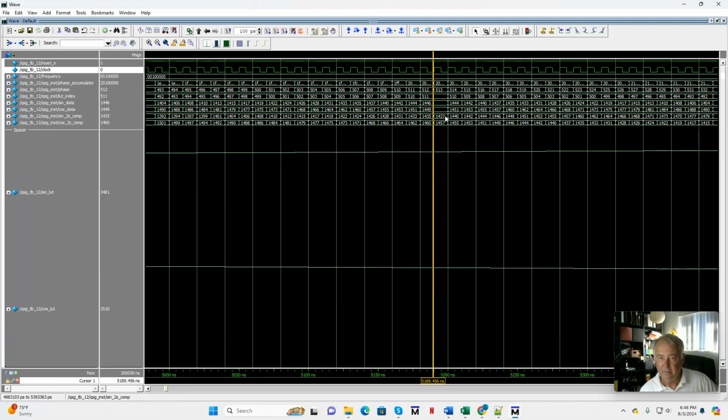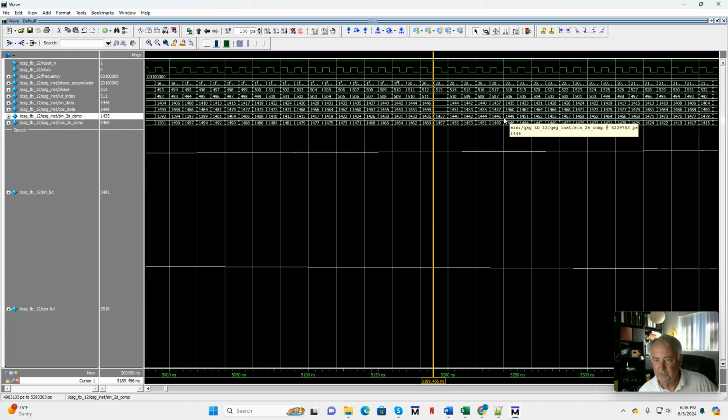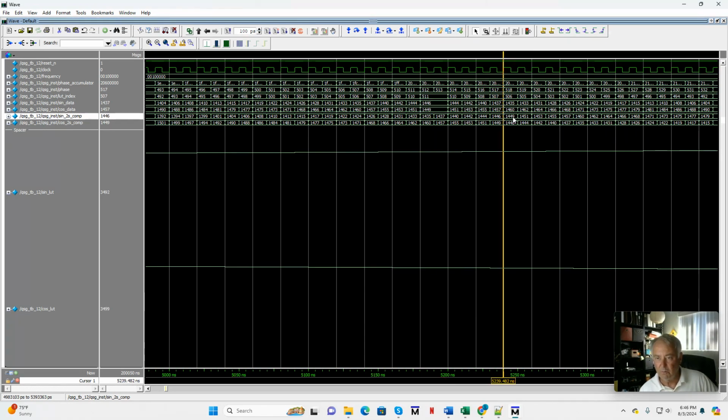So the last output from the sine lookup table was 1446. And the last output from the cosine lookup table was 1449. If I look at my sine data, here we have the value 1446. It's shifted over because this is a pipeline. We go from 1446 to 1449.